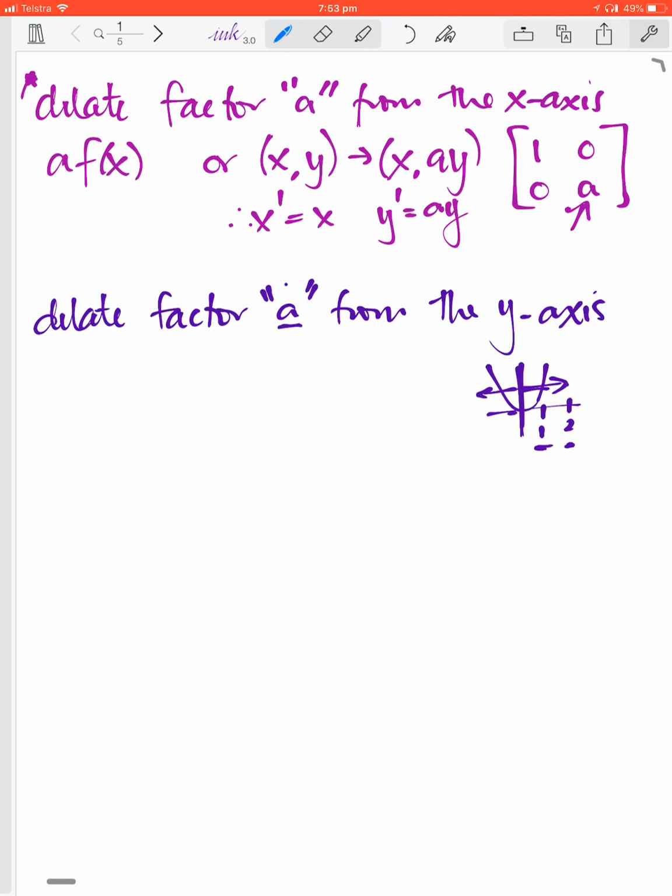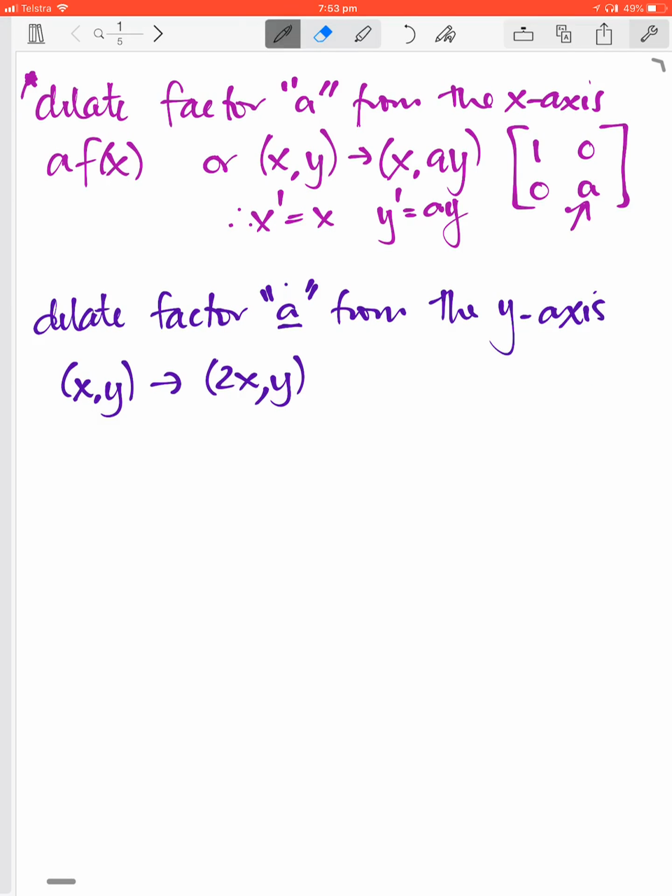I am going from (x, y) and multiplying all of my x values by 2. So I get (2x, y), because that's a dilation factor 2 from the y-axis, doubling all of your x values, so it'll spread everything out further. Okay, now let's have a look at this in terms of function notation, in terms of image equations. x dash would equal 2x, y dash would equal y, and if I transpose it first, x equals x dash on 2, y equals y dash.